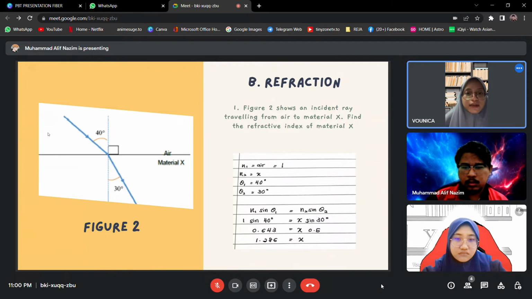N2 is material X, which is unknown, and theta 1 will be 40 degrees, which is the angle of incidence, and theta 2 will be 30 degrees, which is the angle of refraction. So we just put the values into the formula and got the answer. The index of material X is 1.286.